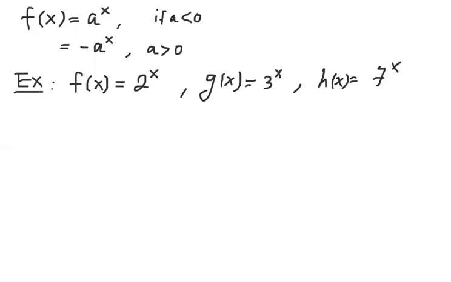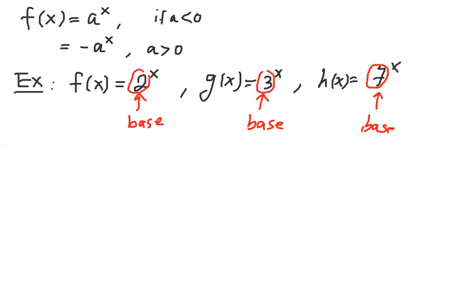All these are called exponential functions, such that this number is called the base. The number 3 is called the base, the number 7 is called the base. So the 3 is a base and the 2 is a base. Okay, all these f of x, g of x, h of x are examples of exponential functions.